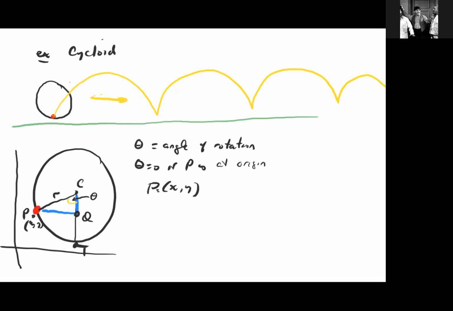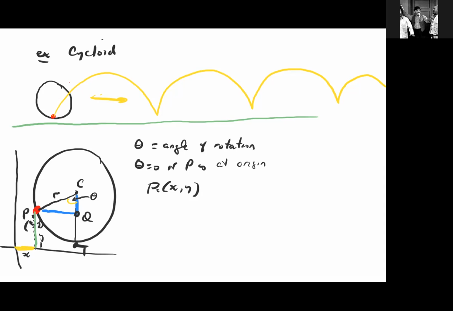First of all, x is this horizontal segment here, and y is this vertical segment there.